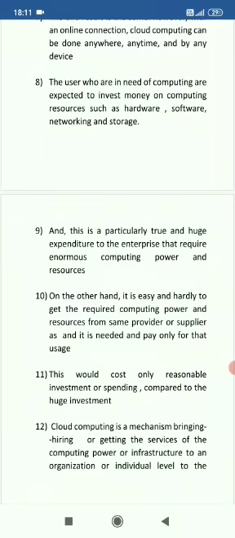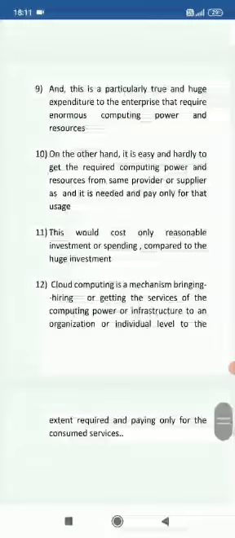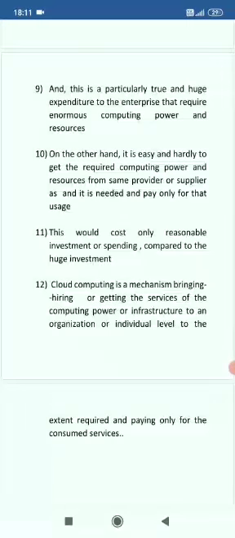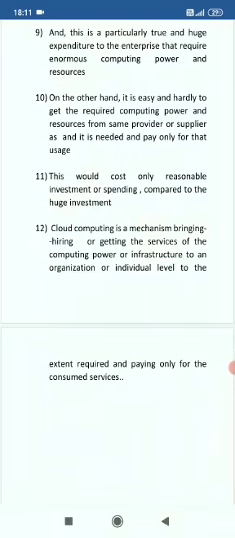The next point is, on the other hand, it is easy to get the required computing power and resources from a provider or supplier, as it is needed to pay only for that usage. This would cost only a reasonable investment compared to the huge investment.